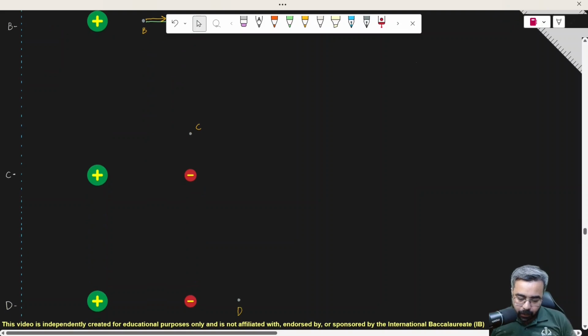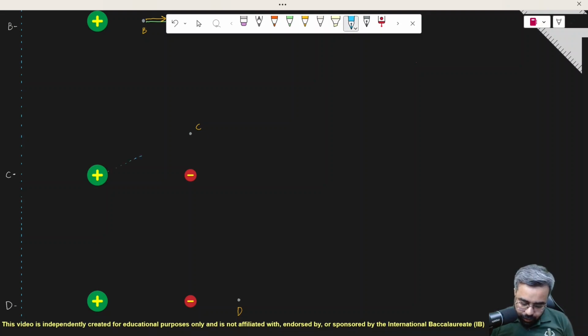Okay, now let's check option C. For option C, notice that from the positive charge the electric field should be directed away, right? And due to the negative charge it is towards. So it is giving us a situation in which the two vectors are giving neither a maximum value nor a minimum value, but it is sure that C is also not the answer because they are not giving us a maximum.